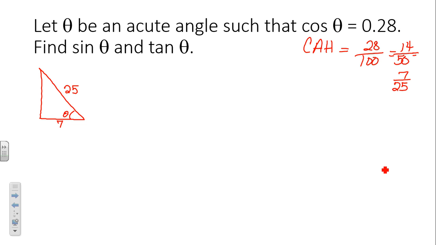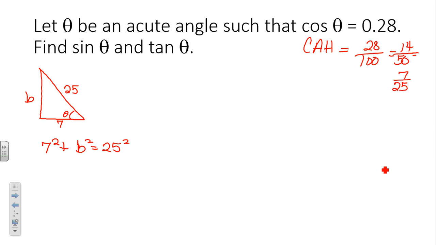So first step is what? Use the Pythagorean theorem. But this time we have the hypotenuse, right? So we don't say 7 squared plus 25 squared is something, right? It's 7 squared plus our b or a or whatever you want to call it, squared is equal to our 25 squared.